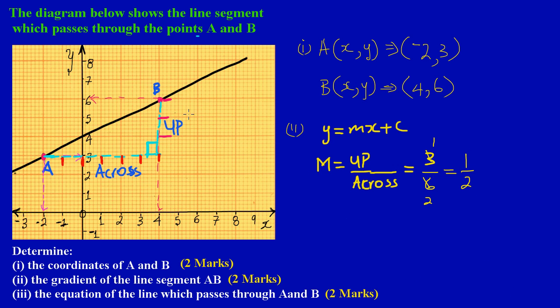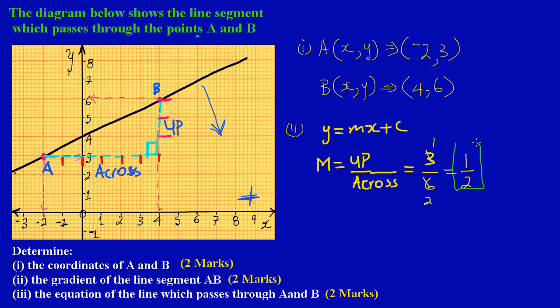Just another quick note: if you notice how the line is leaning, if this line should fall down, it would be falling down in that direction. Since it is falling down toward the positive values on my x-axis, which is over here, that simply means our gradient is a positive gradient.